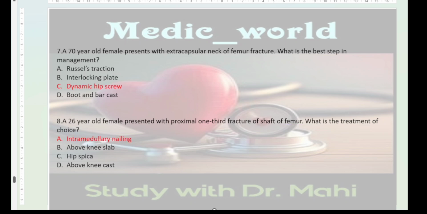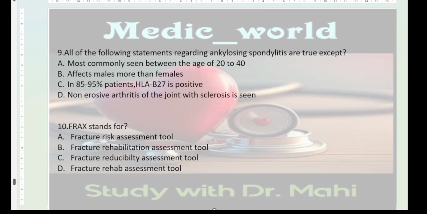Now, the next question is all of the following statements regarding ankylosing spondylitis are true except. Let's read the statements one by one. Most commonly seen between the age of 20 to 40 years, this is the true statement we all know. Ankylosing spondylitis affects males more than females.